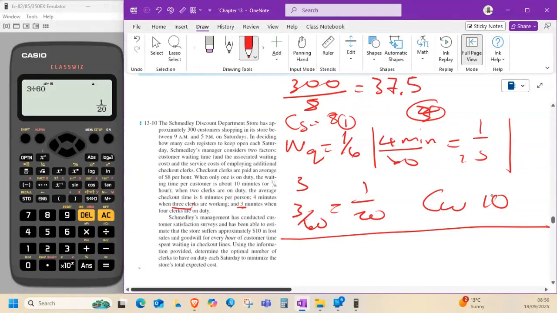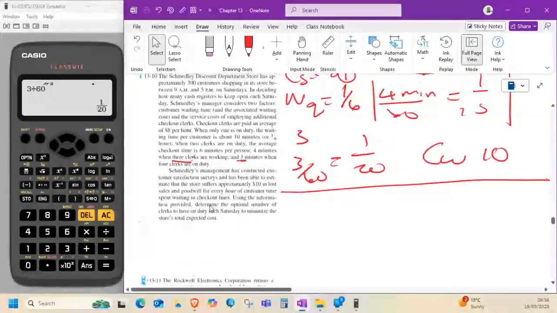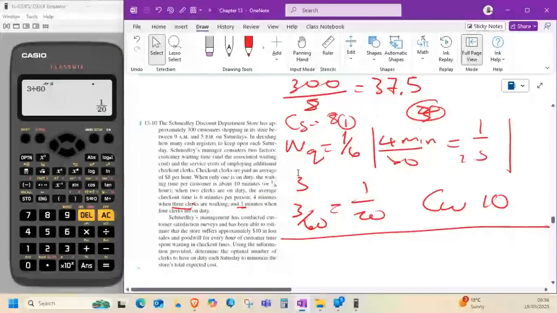The nice thing is we are given the waiting time, and I believe we can take this as our customer arrival per hour.